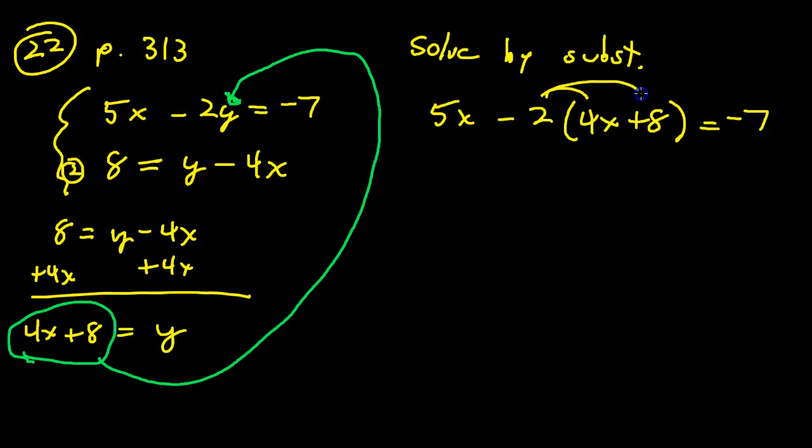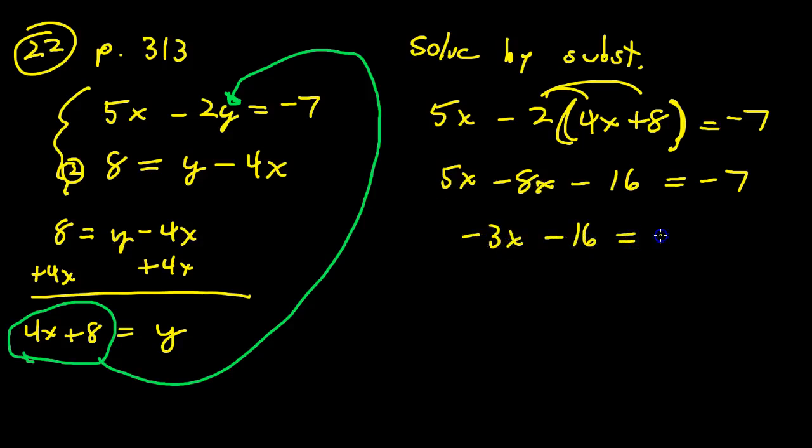I'm going to perform this multiplication here. 5x minus 8x minus 16 equals -7. Multiplying this parentheses through by -2. All right, I've got some like terms here. I'll get -3x minus 16 equals -7.